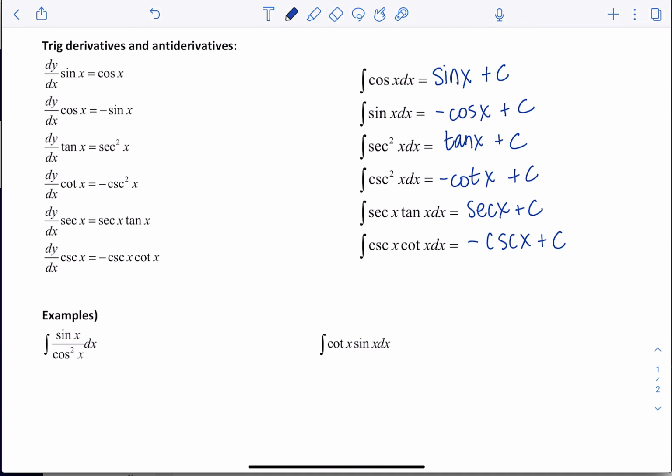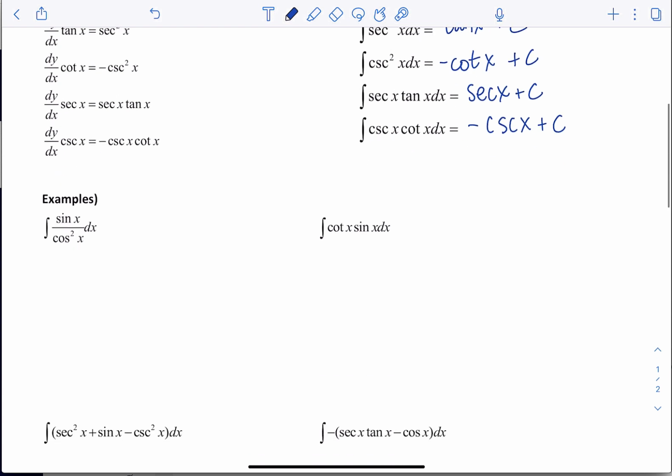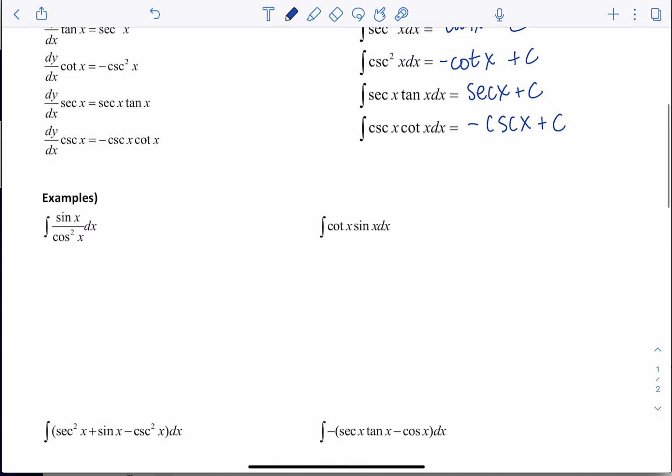We can use a couple of different things, but the easiest and most straightforward, the one that's only going to take one step, is if we split that denominator. I know it's kind of weird when we do this, but we can split that cosine squared x into a cosine x on the left, a cosine x on the right, and then put the sine x with 1.